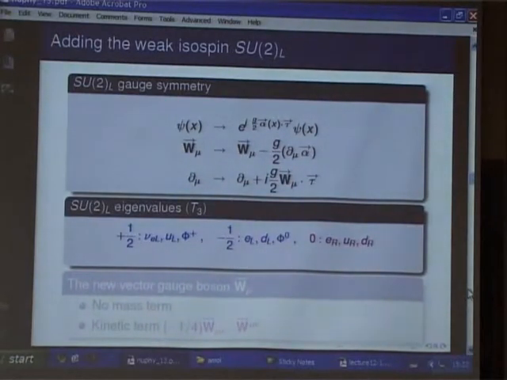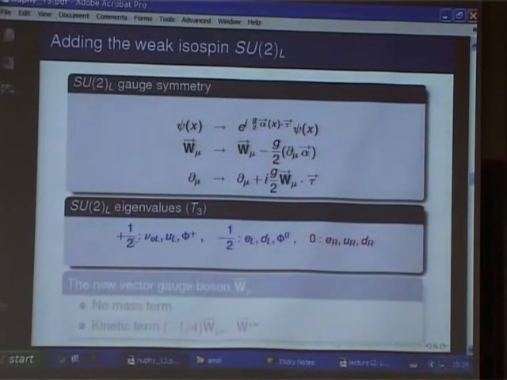Again, each of our particles is going to be an eigenstate of this T3, which is the weak isospin. And these values are more intuitive because we know of things as doublets and singlets. So whenever you have doublets, like the electron and neutrino form a doublet, the neutrino has plus half and the electron has minus half. Up quark has plus half, down quark has minus half. And the Higgs is phi plus, phi 0.